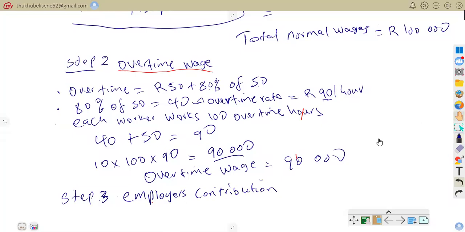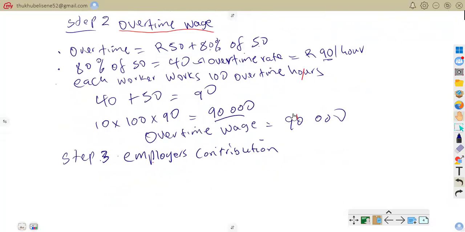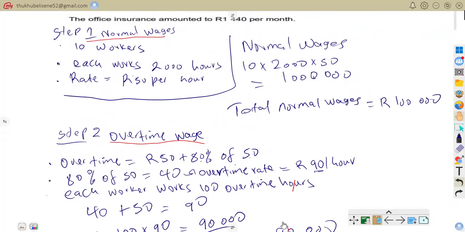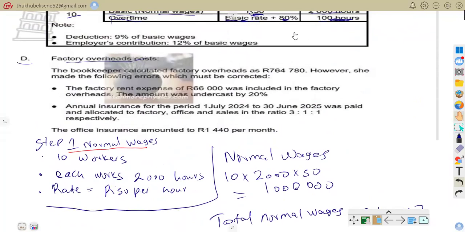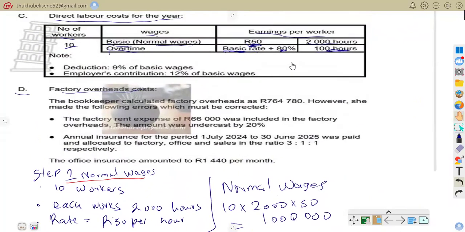So employer's contribution. Let us get the information on employer's contribution before we write anything under it. As you can see here, it says employer's contribution is 12% of basic wage.